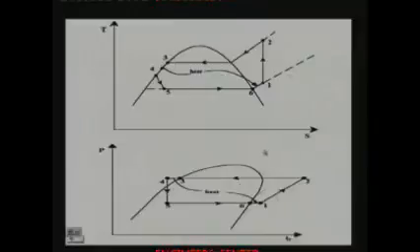Now let us write some basic equations for this. So what is the heat transferred in the liquid suction heat exchanger? If you apply steady flow energy equation and neglect potential and kinetic energy changes, then heat transferred in the liquid suction heat exchanger is simply given by this heat transfer. This is the energy lost by the refrigerant liquid, and that is equal to energy gained by the vapor. So this is for the liquid portion and this is for the vapor portion.